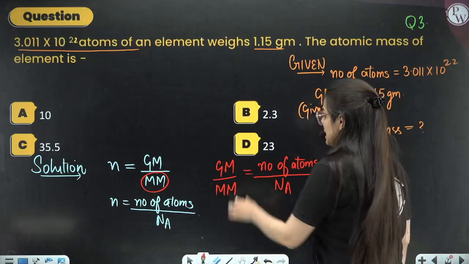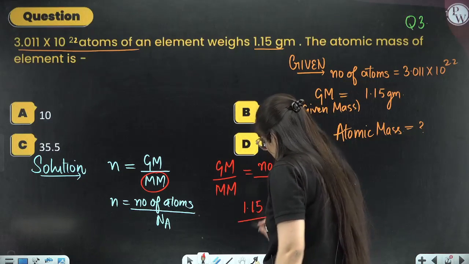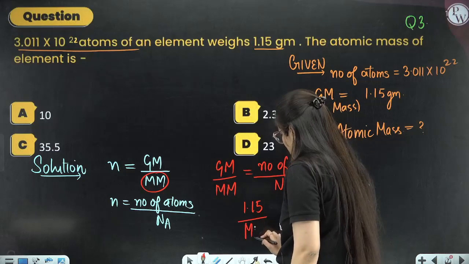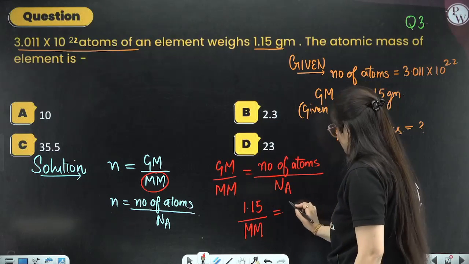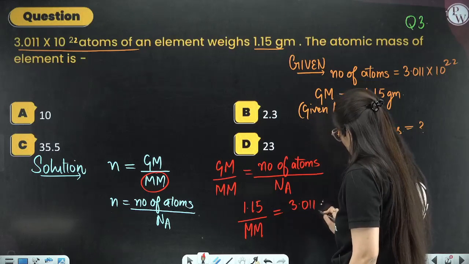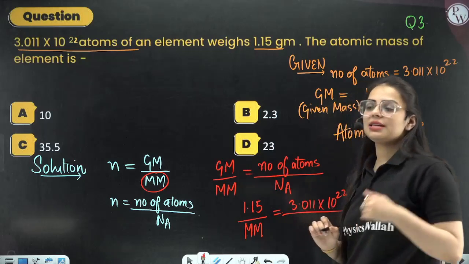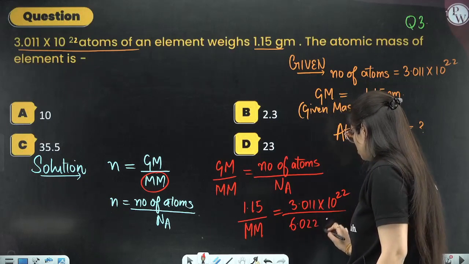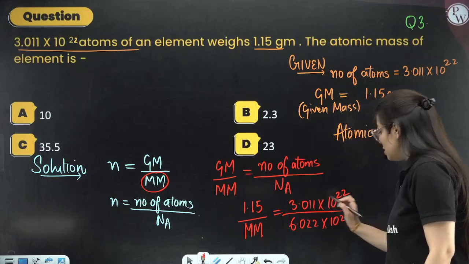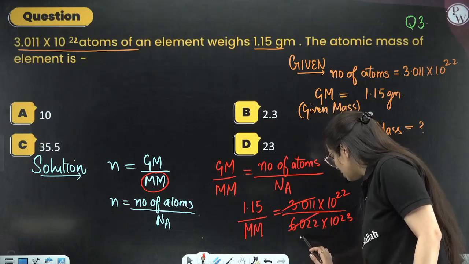Now just see, given mass is provided to us, that is 1.15 grams, divided by molecular mass, which we need to calculate, is equal to number of atoms, again provided to us, that is 3.011 into 10 raised to the power 22, divided by Na. What is the Na value? Avogadro's number. What is its value? 6.022 into 10 raised to the power 23. Now 3 2s is 6. If we divide it, it will be divided on the table of 2.